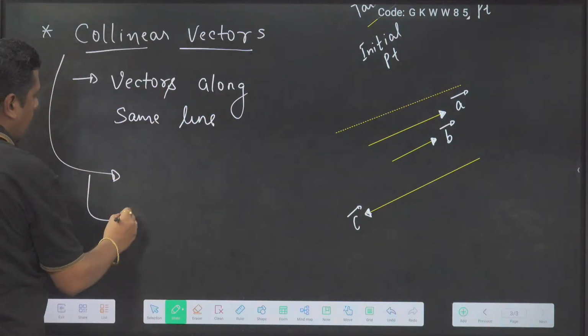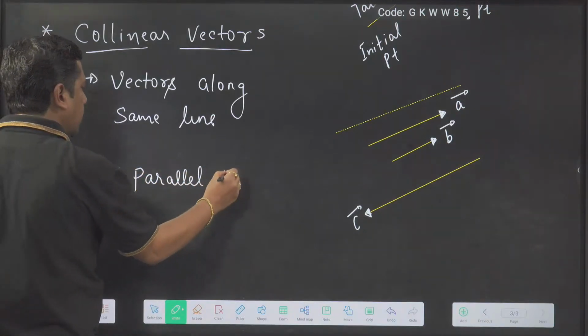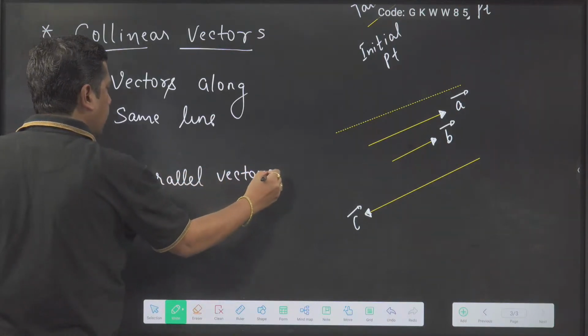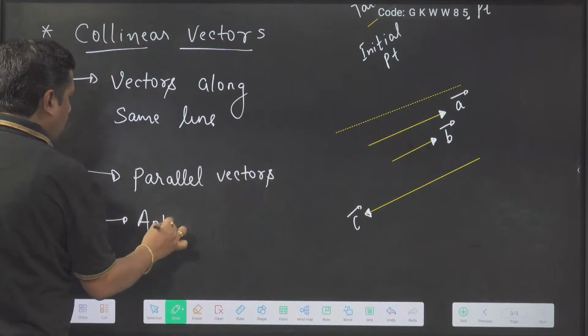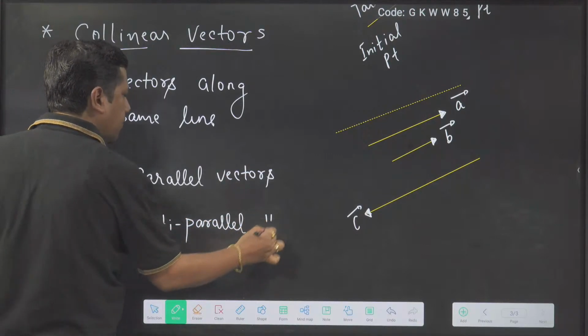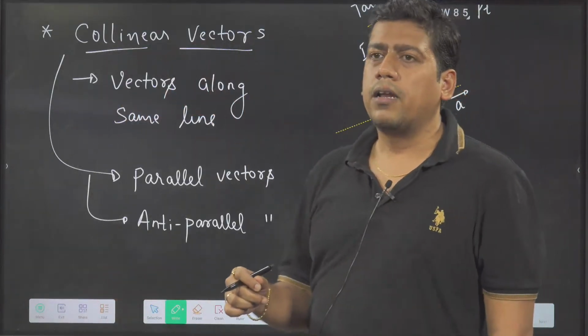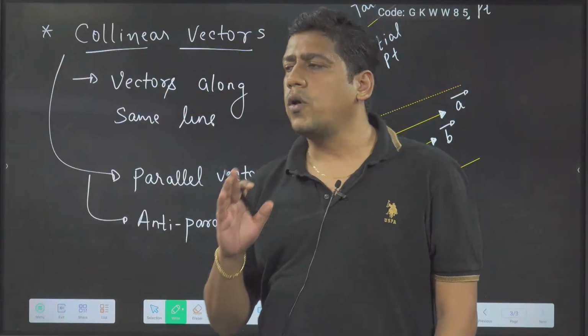Collinear vectors can be either parallel vectors or anti-parallel vectors. Parallel or anti-parallel, both will be known as collinear vectors.